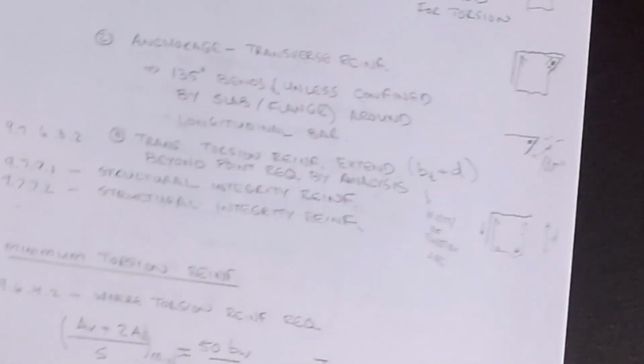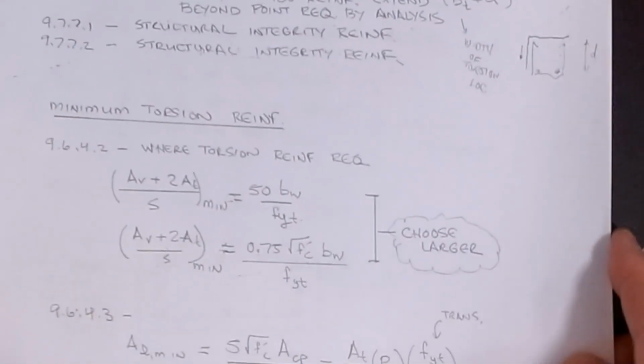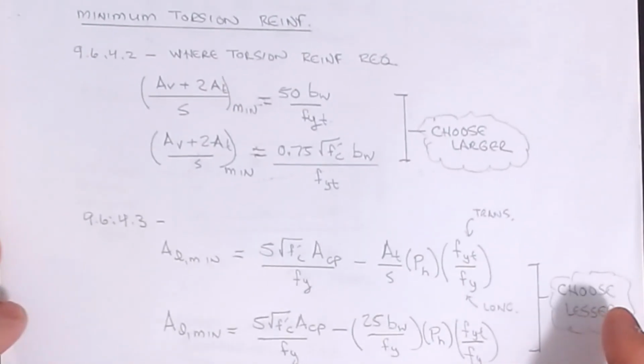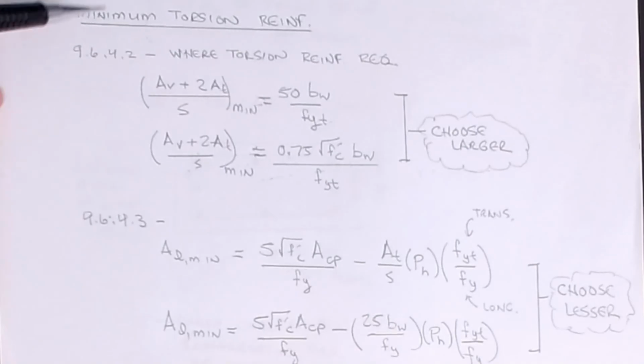The next part is a little bit of detailing. Now we get into minimum steel areas, and remember we did these calculations back when we were looking at shear. So now we're looking at 9.6.4.2, and it says where torsion reinforcement is required.